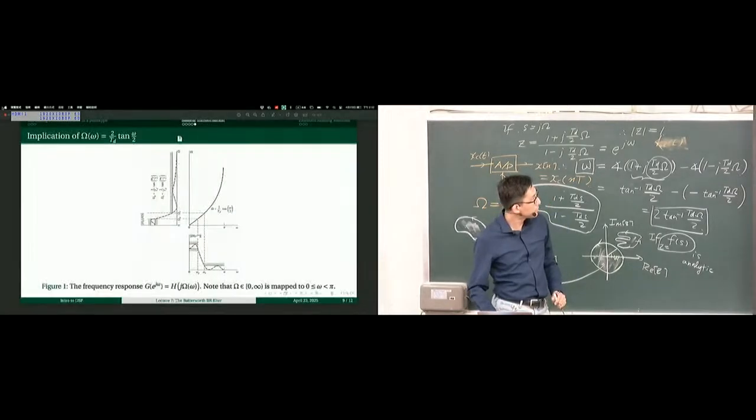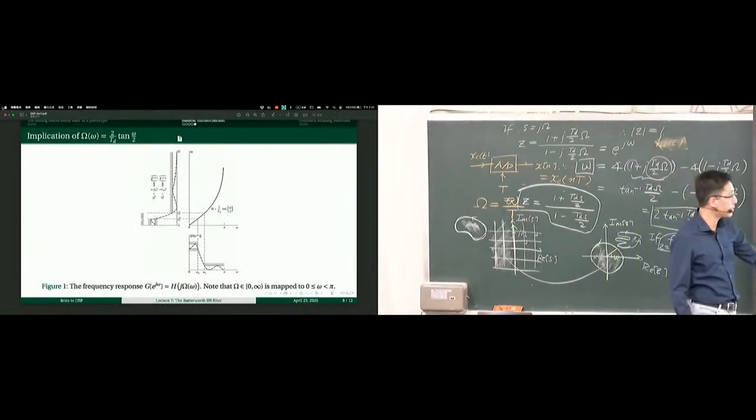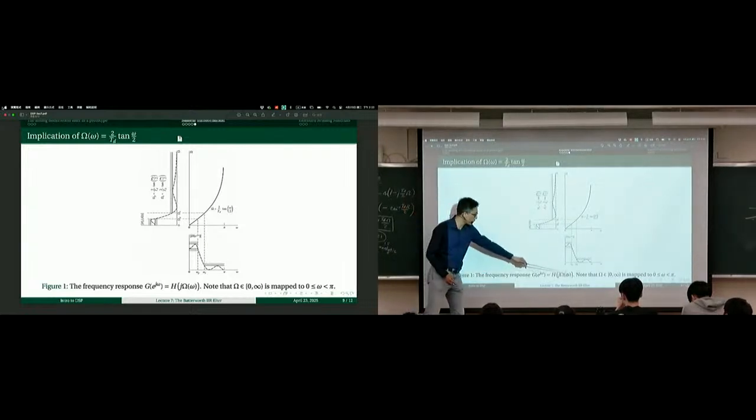With this idea, now that we understand it's a compression of the frequency axis, we can see what will happen as far as the frequency magnitude response is concerned. H of s of z is our design system. Therefore the frequency response, as a function of small omega, is a composite function: H of big omega of small omega.